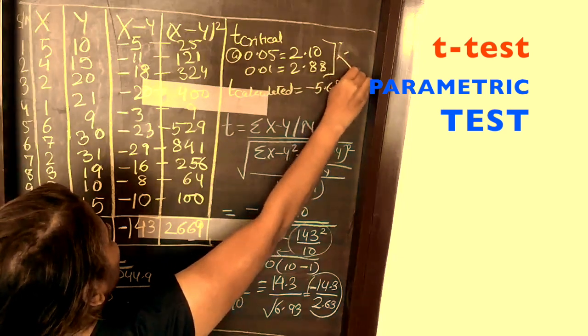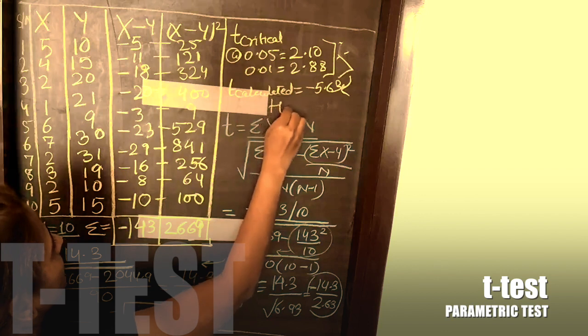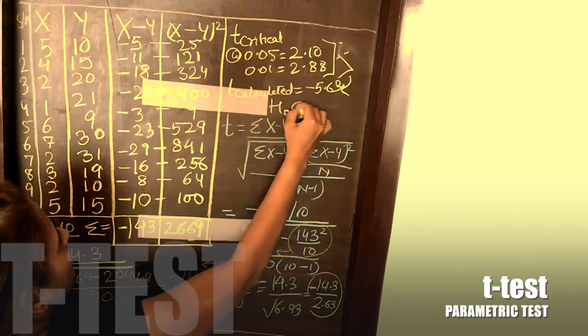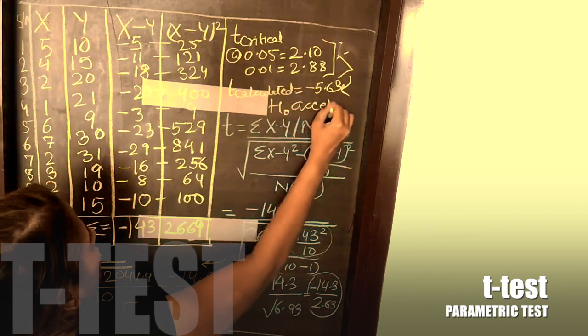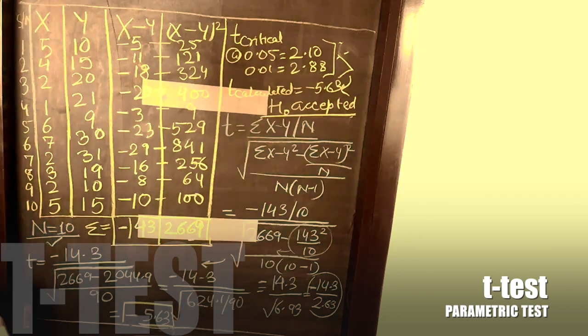So the critical value is greater than the calculated value. That means the null hypothesis here is accepted because the t calculated value is less than the critical value of t.